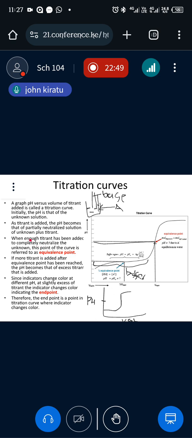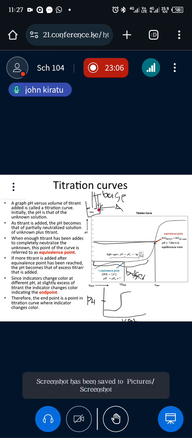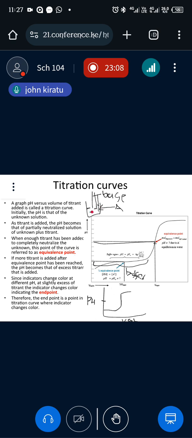It is the point whereby the amount of titrant added has completely neutralized the unknown, the acid, because the unknown is usually put in the Erlenmeyer flask.